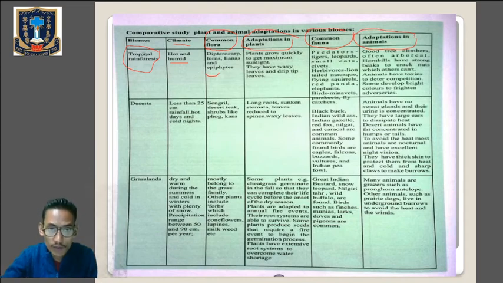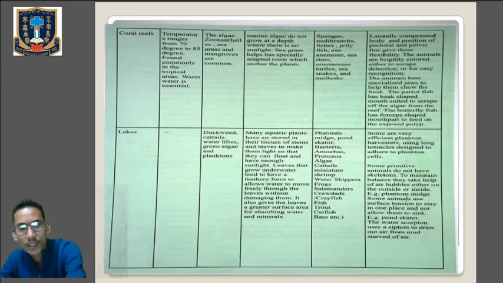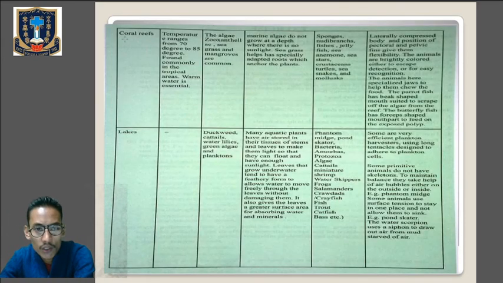You will find the tropical rainforest biome, desert biome, grassland biome. You will find the climatic condition in each biome and the flora and adaptations, then fauna in each biome and the adaptive features. So kindly go through it. Again we have the coral reef over here. Then the next biome is lake.